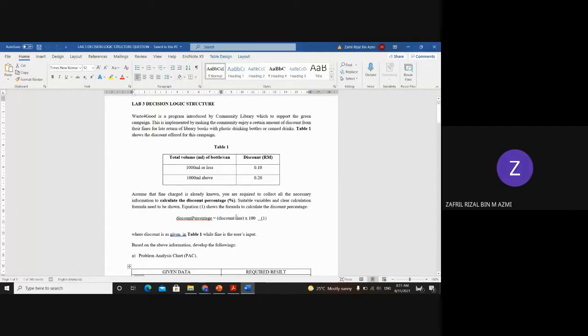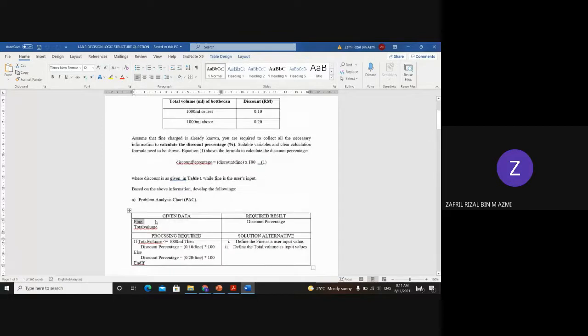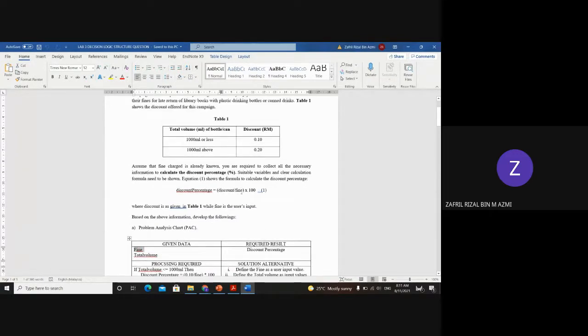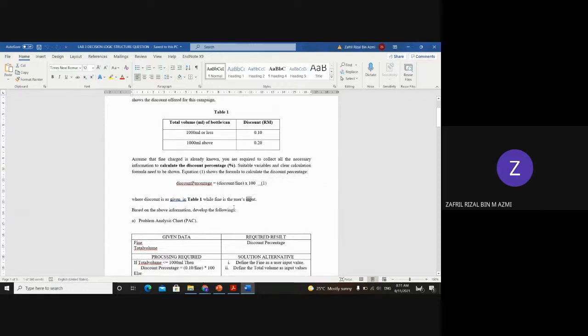Okay, alright. This is clear. Meaning that a user needs to enter the total fine, so it is not given in the question. You need to enter it in the form of input. You need to know which one is the input. Sometimes it doesn't mention that this is the input, but you need to figure out which one is the input.